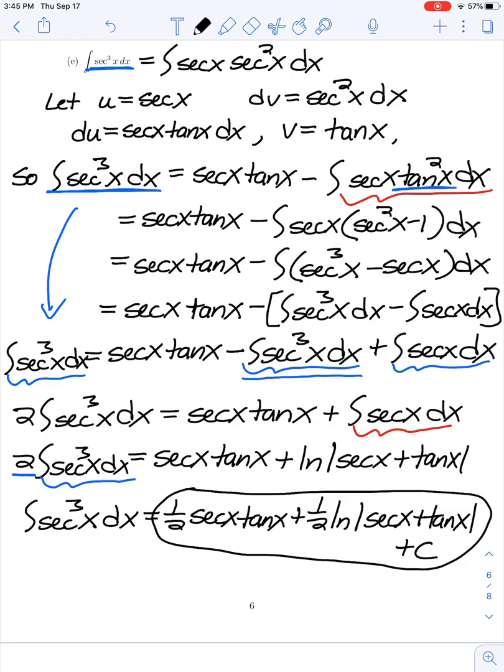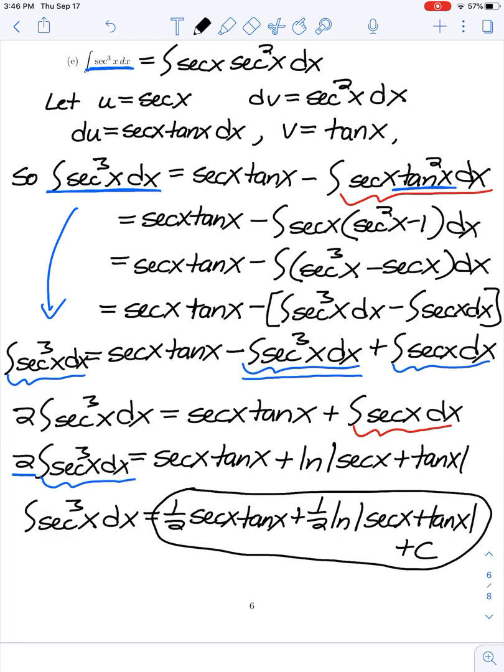So this antiderivative of secant cubed x is a little bit difficult. We have to use integration by parts in order to evaluate this. And in general, if we were to consider higher powers of secant x, like secant x to the 5th, we could use a similar approach that would take a few more steps to complete.